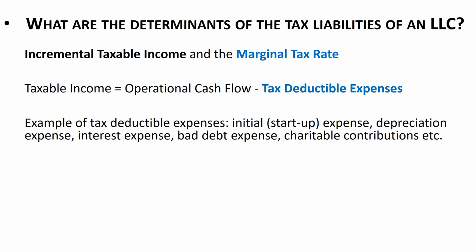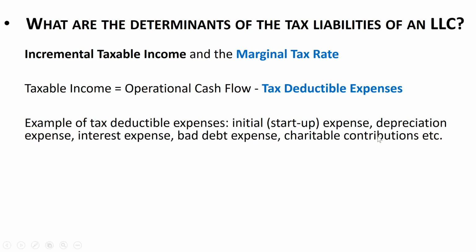Depreciation expense, because your assets are losing value. Interest expense, because you borrowed money to finance your startup costs, and then you have to pay interest on it. Bad debt expense, because if you're doing credit sales, some of them will go bad. Charitable contributions, because the government wants to encourage charity.